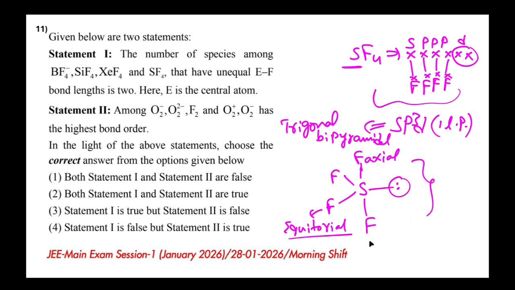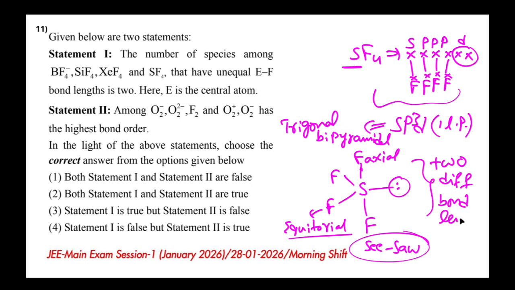This SF4 molecule has a seesaw shape, in which 2 different bond lengths are present. All S-F bond lengths are not the same. Here the S-F axial bond length is more than the S-F equatorial bond length.